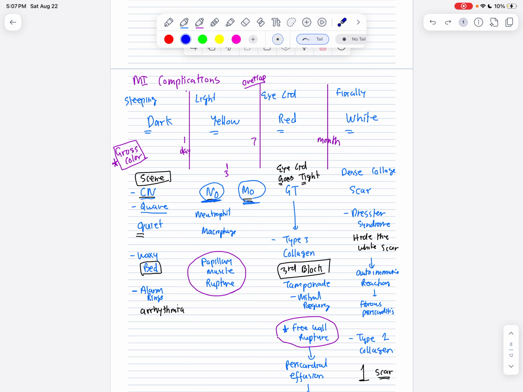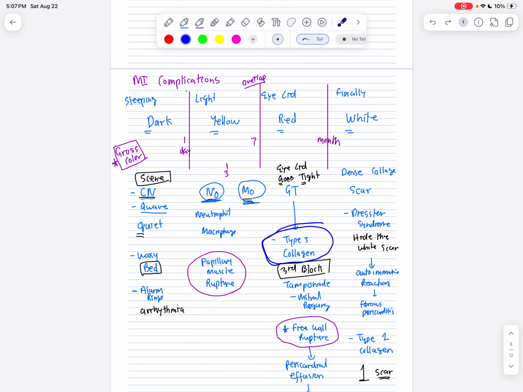And the third one is going to be the color red. So red light, because the light is going to hit your eye and then you're going to close it. So it's going to be granulomatous tissue, and that's going to be type 3 collagen. I just think about the third block. So this is not associated with anything else.